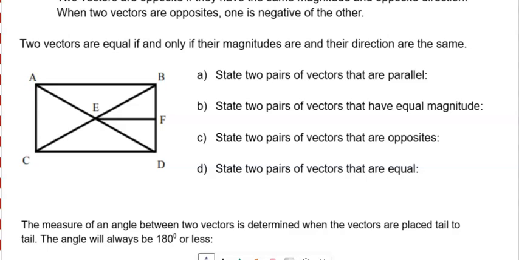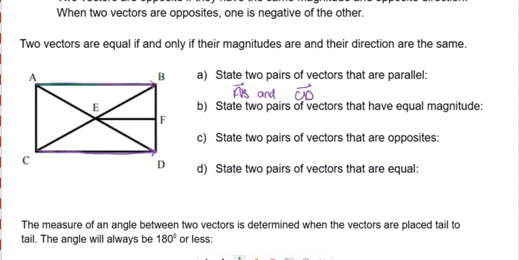So let's take a look at this diagram. We want to come up with two vectors that are parallel. So for no reason, let's just look at vector AB. And let's consider another vector that's parallel to that. Well, vector CD is parallel to that. Let's look at two pairs of vectors that have equal magnitude.